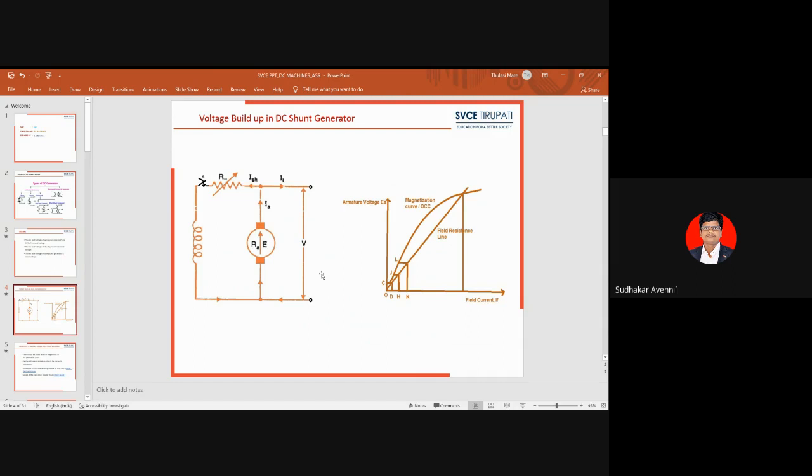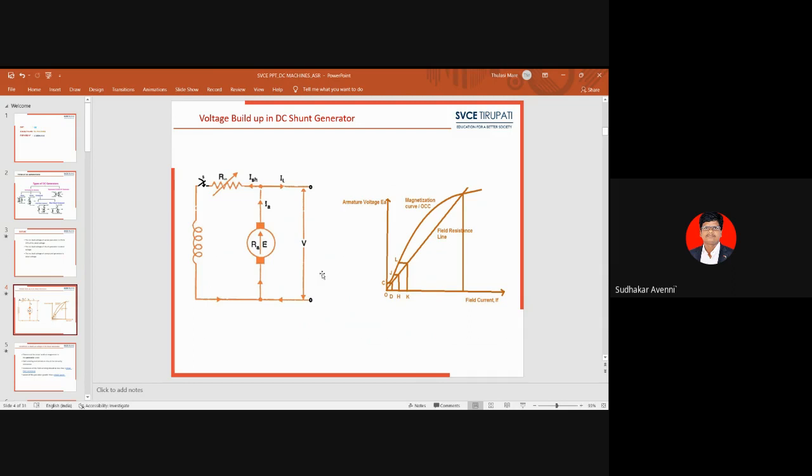See here, across armature terminals A dash or A1, A2, there is a voltage because of residual flux. So what is meant by residual flux? The number of times we excite the field winding, due to the retentivity property, there will be flux established in the field winding. Because of this flux, there will be a small voltage build up across the armature terminals. That voltage is nothing but residual voltage.